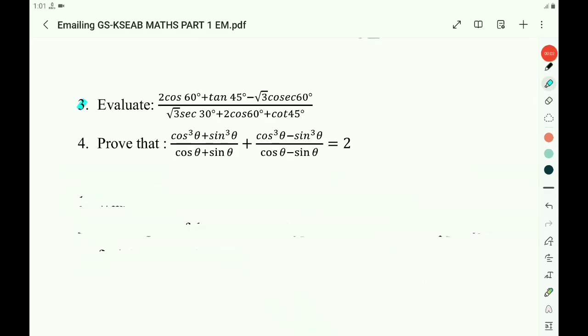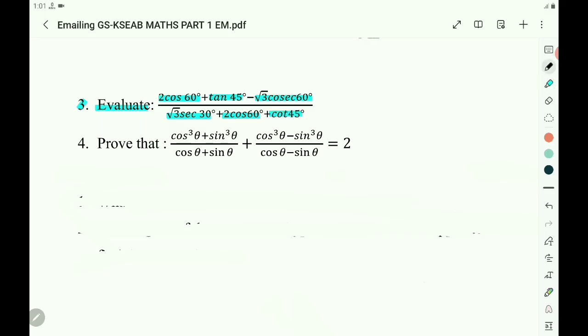Question number 33 of the model question paper 3. What is that question? Evaluate 2 cos 60 degree plus tan 45 degree minus root 3 cosec 60 degree by root 3 secant 30 degree plus 2 cos 60 degree plus cot 45 degree.